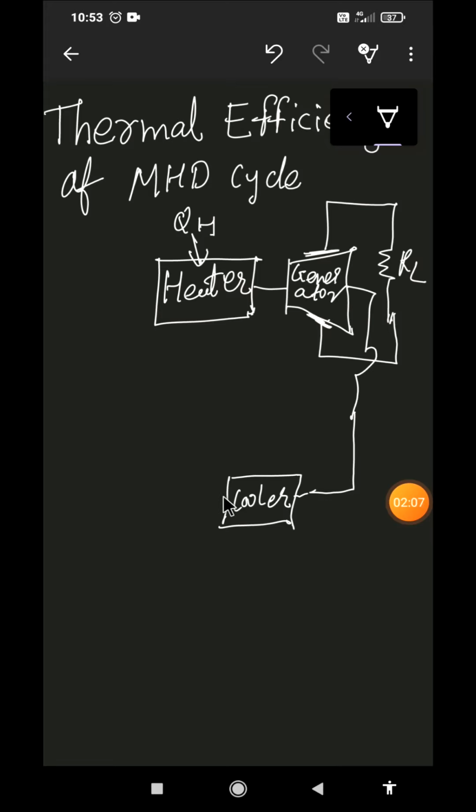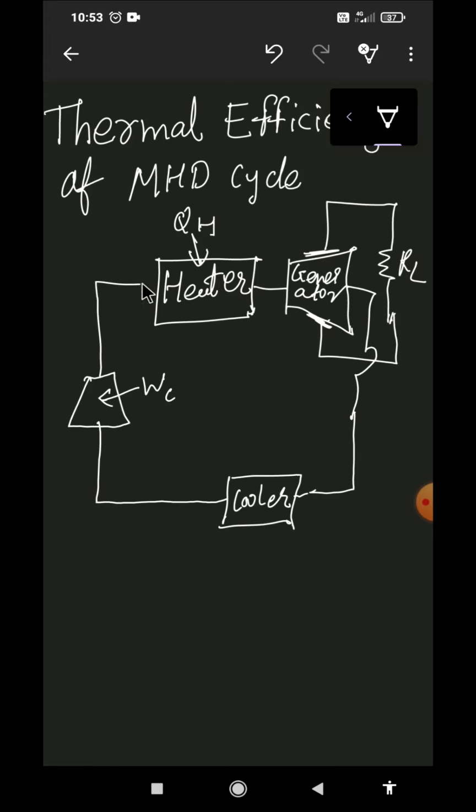Then the gas moves towards the cooler, and then towards the compressor, where work WC has to be done, and then it moves towards the heater. Let's divide the cycle into 1, 2, 3, and 4 stages.